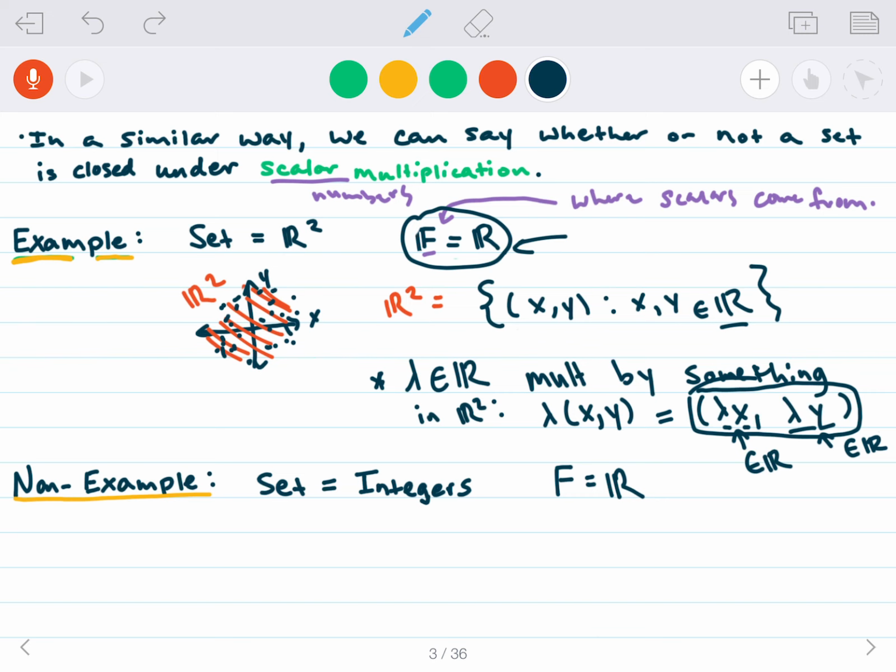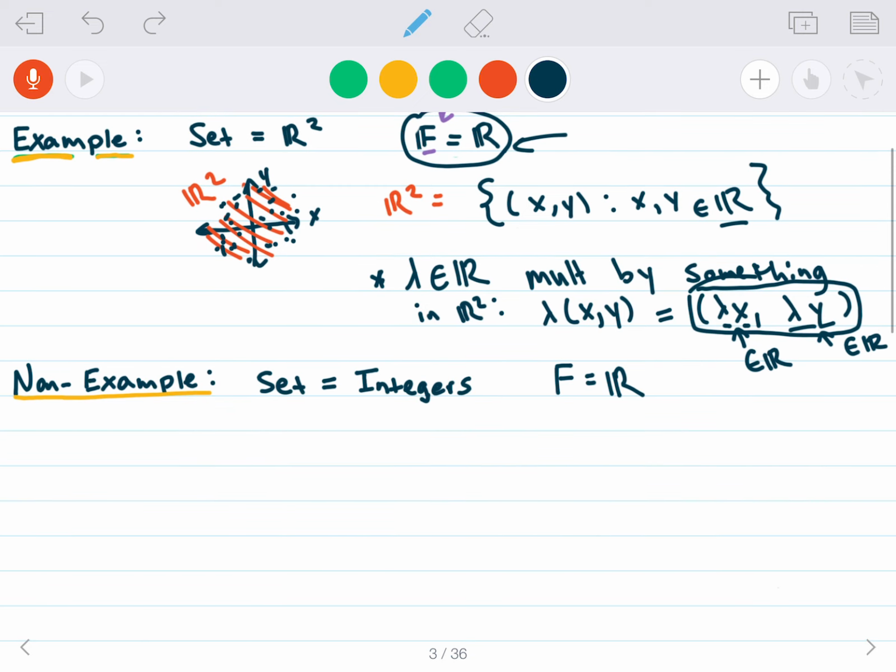Okay, let's look at a non-example. How about the integers? If you've seen this before, great. If you haven't, it's okay. Sometimes we use this little weird looking Z to indicate that we're dealing with integers. That's just going to be whole numbers, positive and negative. So like -2, -1, 0, 1, 2, and going that way too.